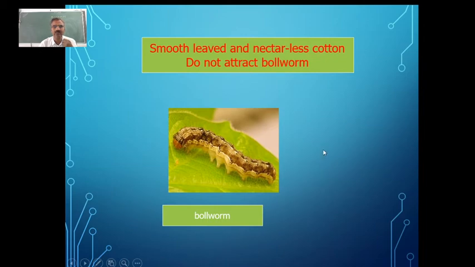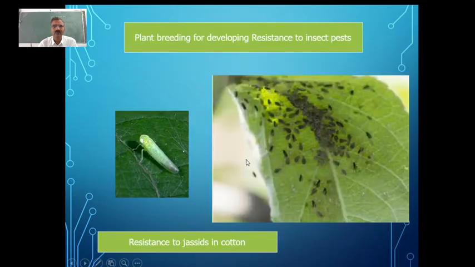And we have some cases like the cotton. The cotton is affected by bollworm, and they have smooth leaved and also nectarless cotton which do not attract the bollworm. So then we have plant breeding for developing the resistance against the insect pests. We have examples like cotton which is resistant to the jassids.